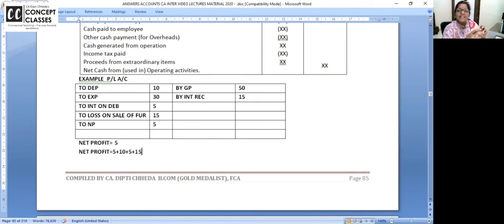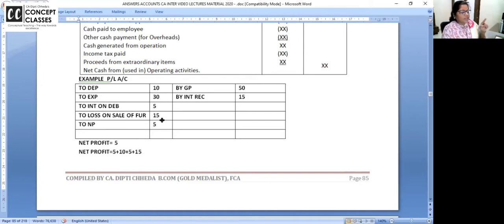Definitely, if 85 is the sale consideration, you will be taking it as inflow in the investing activity. Furniture purchased is outflow, furniture sold is inflow, right? So 85 is inflow and 15 rupees loss is a book entry, P&L account debit to furniture. No money is coming in.